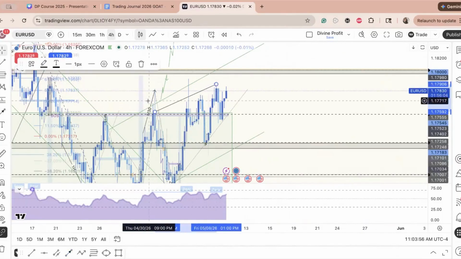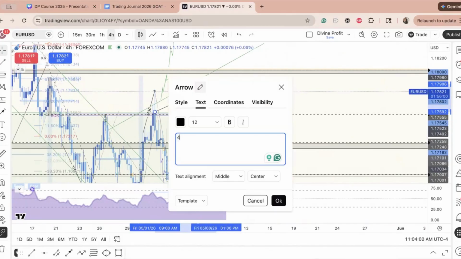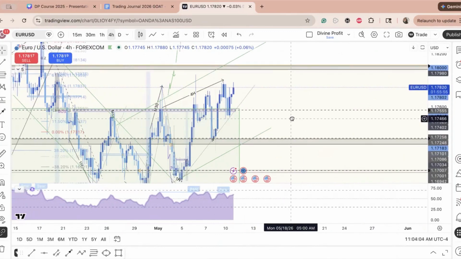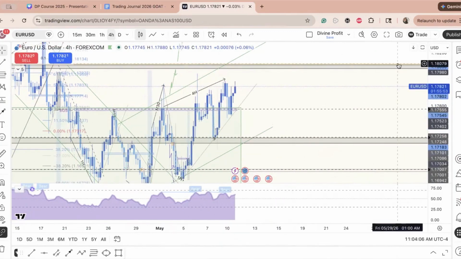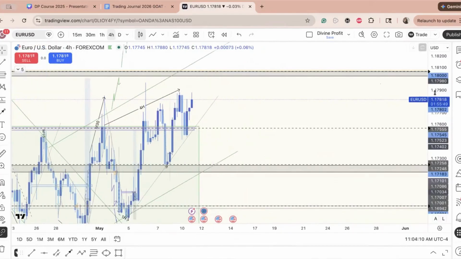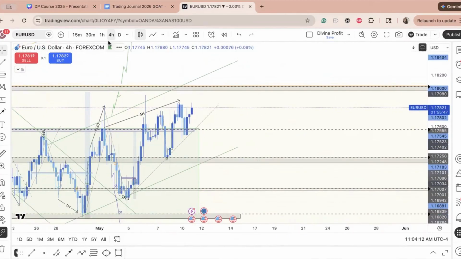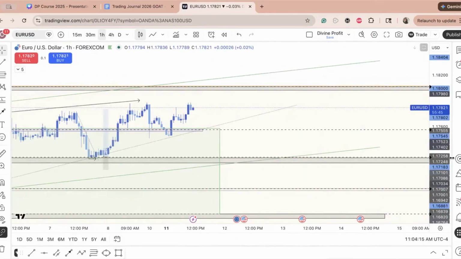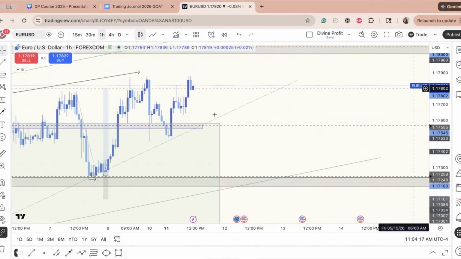It's just an indication, but we need other confluences on top of it to confirm that that's what the market is in fact doing. I wanted to point that out, indicating that this buy could be over soon. We do need other indications, so that's why I have my trend line here.